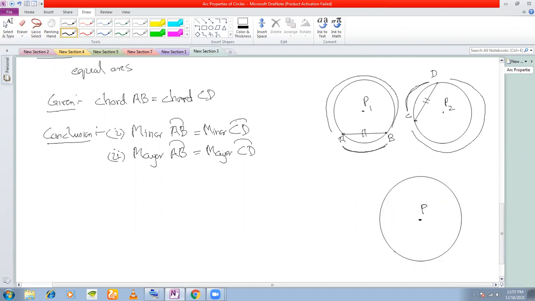For a single circle, if you have a chord AB and another chord, let's say CD, join these 2 such that they are equal.